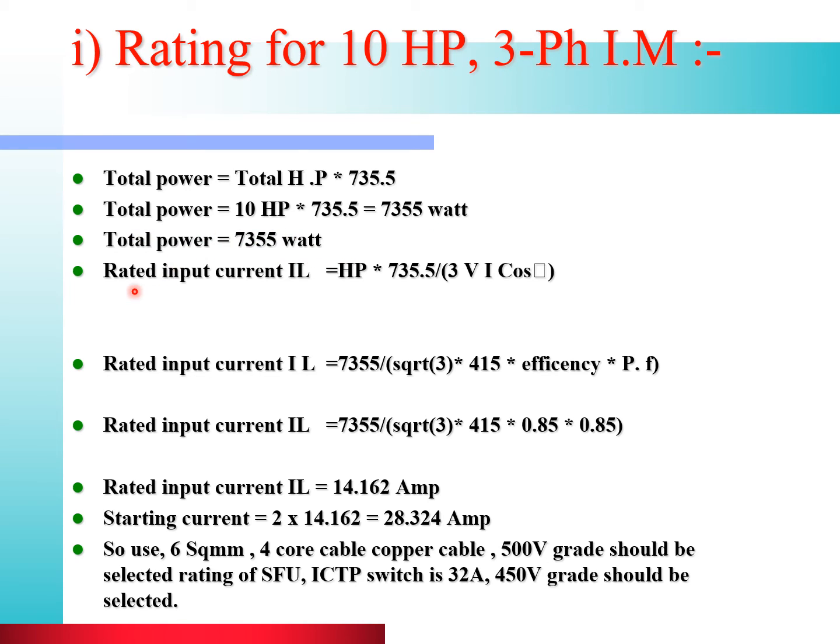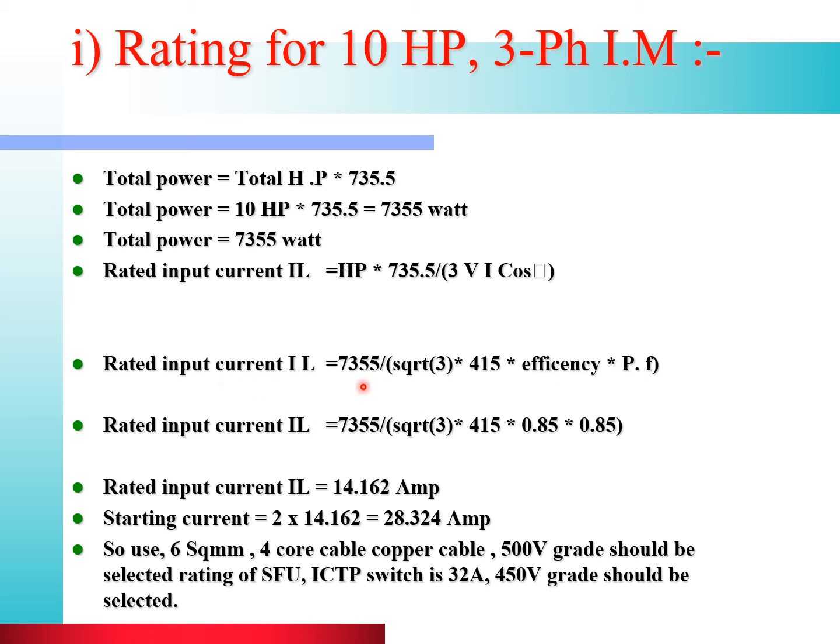From this you have to calculate the rated input current IL, that is given by the formula horsepower multiplied by 735.5 divided by root 3 V I cos phi. You have to put the values of voltage and current and calculate the rated input current as shown in this formula.